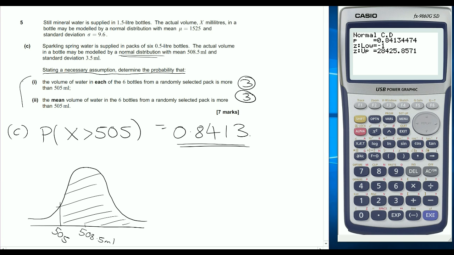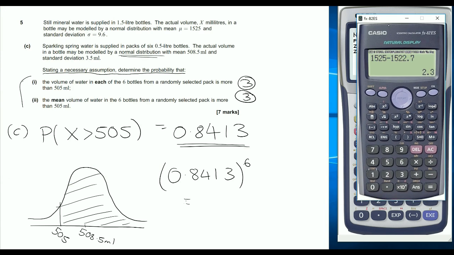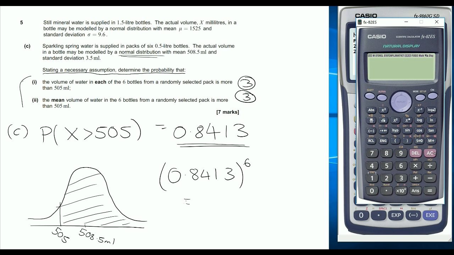We wanted all 6. So it's one bottle and another and another and another and another and another. So we're going to be doing this number times itself 6 times. So if we then pop that to the power of 6, that's going to give us our solution to part 1 of this problem. So 0.8413 raised to the power of 6.